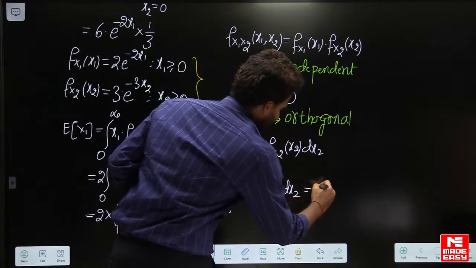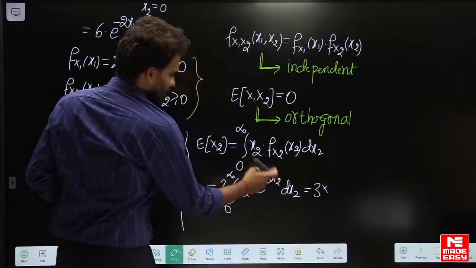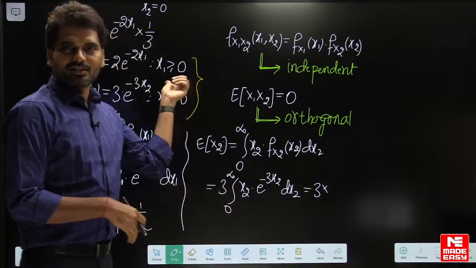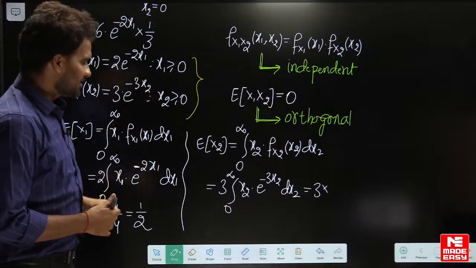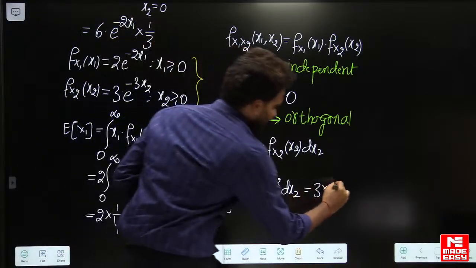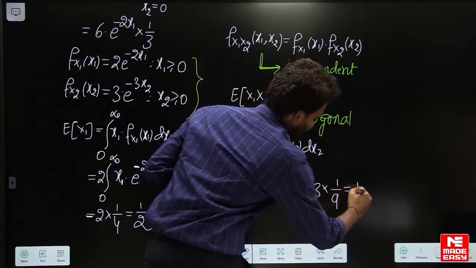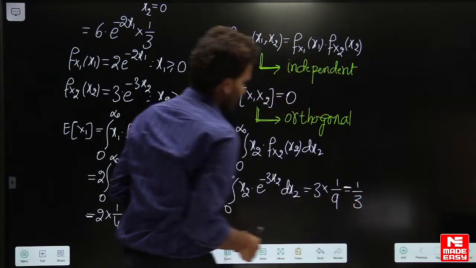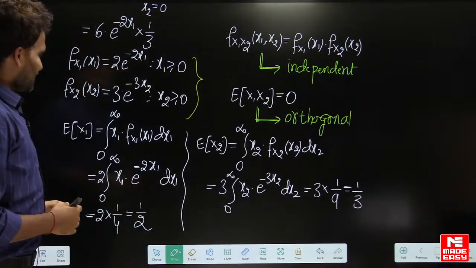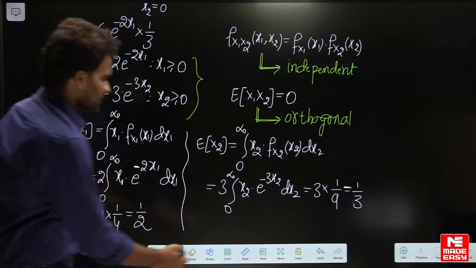What is the value of this integration? We already did it in the previous discussion. This is 1 by 9 you will get, so this is 1 by 3. So the expectation of x2 will be 1 by 3.